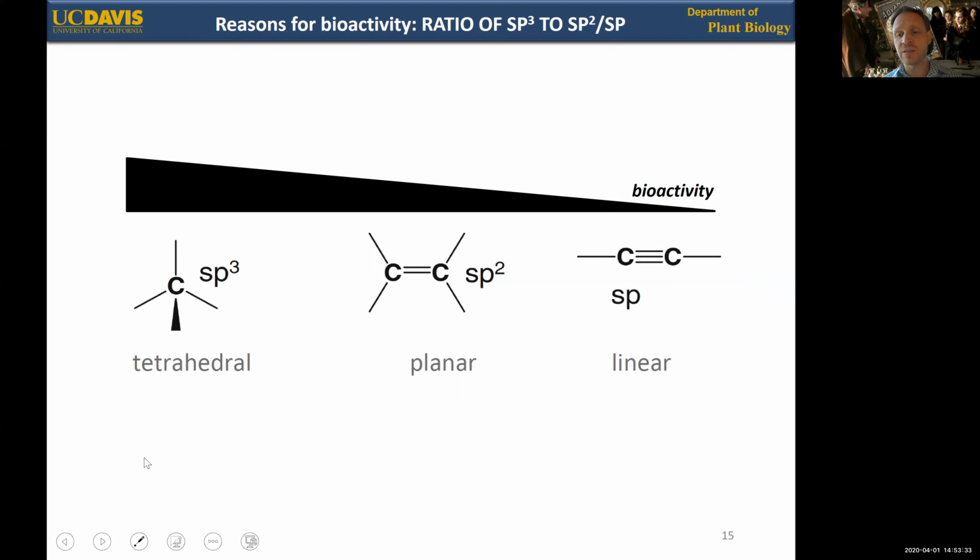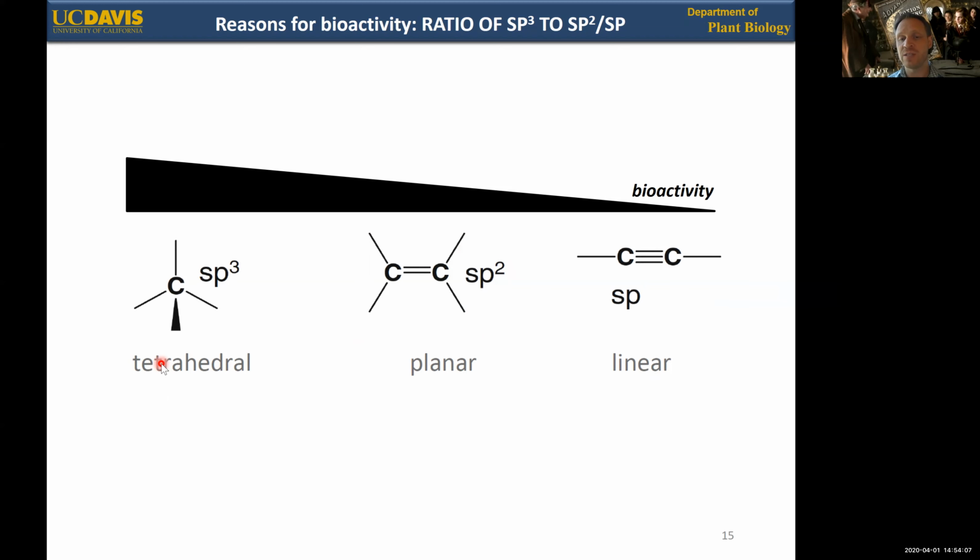For the first aspect of the configuration of the molecule, the first aspect we look at is hybridization. What you usually see in any natural product is as you're moving from the linear sp hybridized molecules to the planar sp2 molecules to the more common sp3 tetrahedral arrangements of hybridization, you actually see an increase in bioactivity.